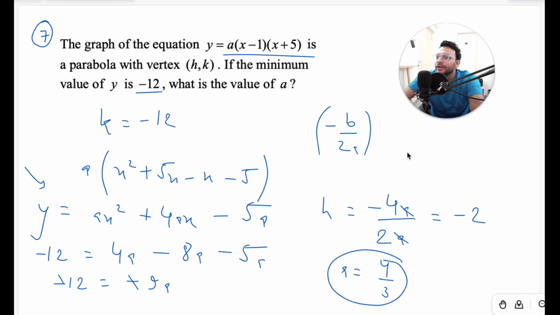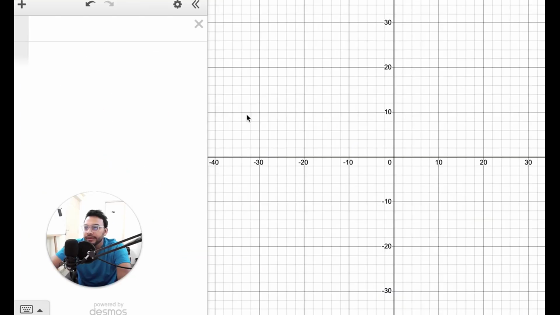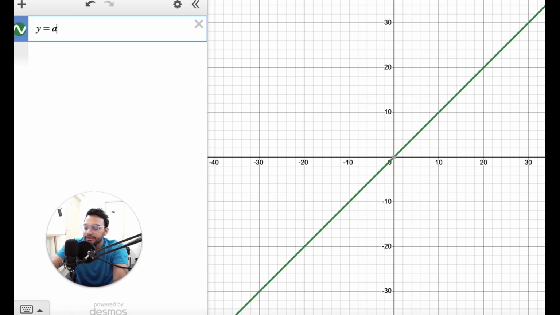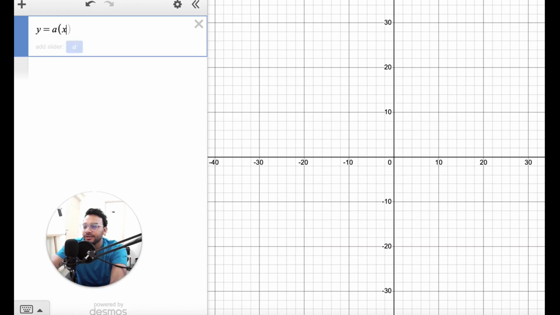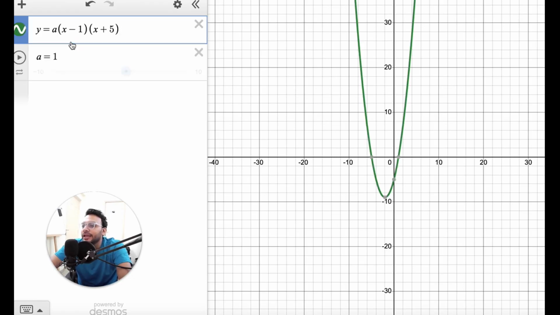Now what's the other way to do this question? The other way is DESMOS, and it's also the quicker way. Let's look at DESMOS. Okay, so let's write the expression here. Y is equal to a times x minus 1 times x plus 5. Okay, now we'll add a slider for a.